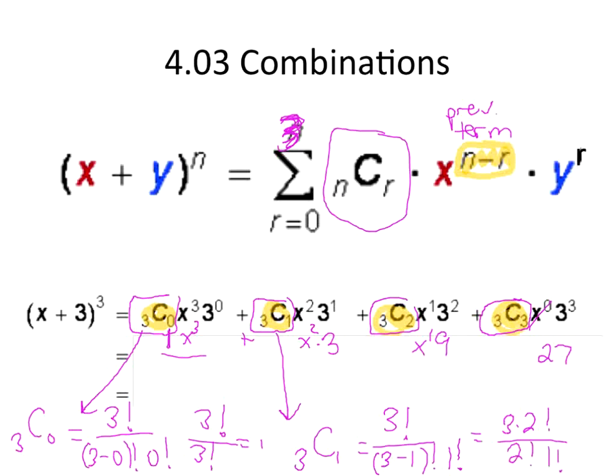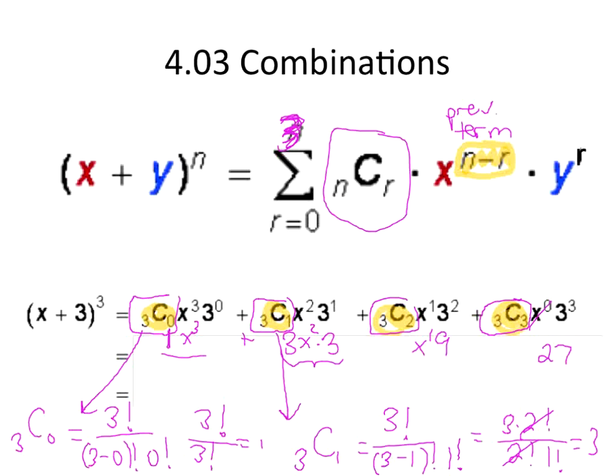So on the bottom, you guys should have gotten 2 factorial, 1 factorial. So your 2 factorials can cancel, and we're left with 3 divided by 1, which is just 3. So what goes in front of my x squared times 3? 3.